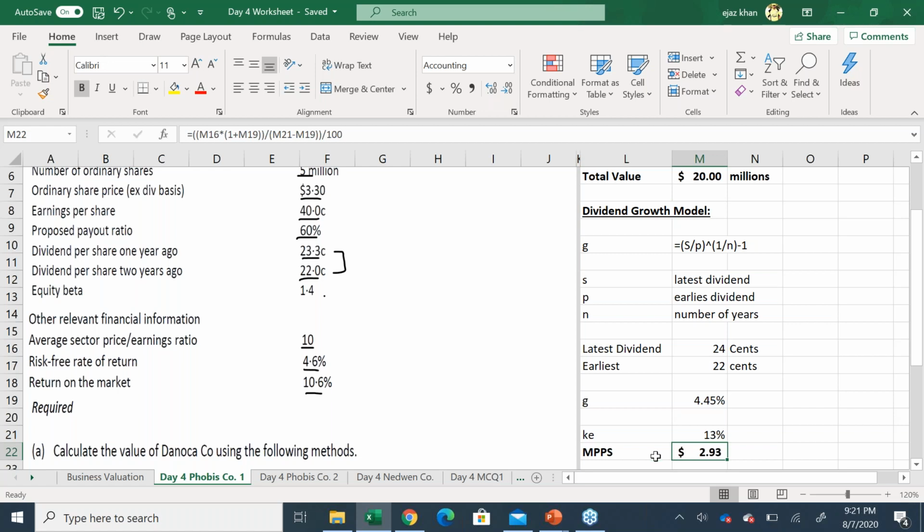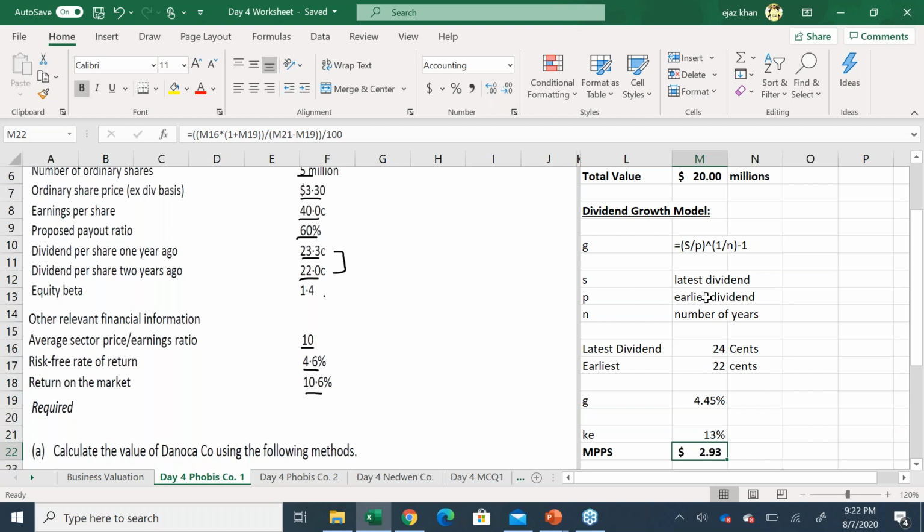Secondly, this price is based on the assumption that the dividends will grow at the same rate as they have grown in the last 2 years. So what is the guarantee that the dividends will grow at the same rate, 4.45? This is the historic growth rate, and of just 2 years. The sample size is too small. What if the growth rate is higher than this? Will you still expect the same?